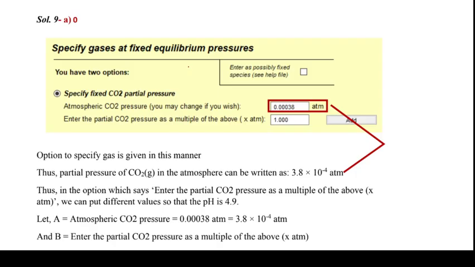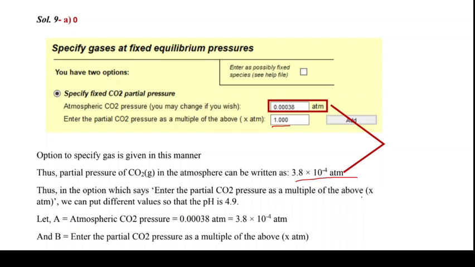We will see how. First, we will specify the gases at equilibrium, which is 0.0038 atm. Now, first iteration, it will be 1. Partial pressure is 3.8 into 10 raised to power minus 4 atm. Then in the option, we enter the partial pressures.